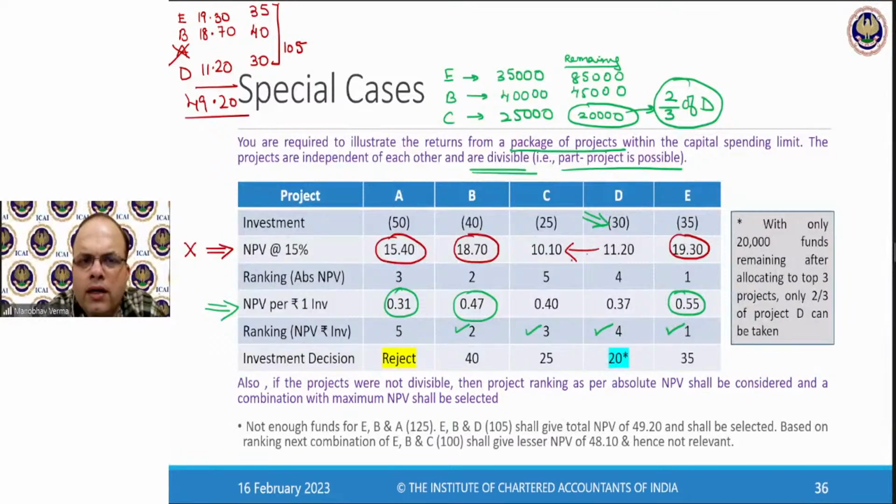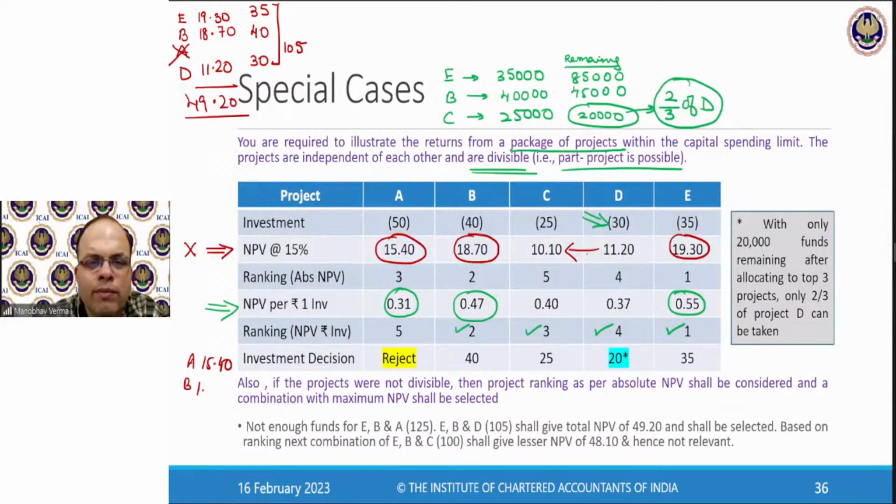You can think of any other combination also, guys. Can anyone try A, B, and D? A, B, and D. Amazing, right? Entire 1,20,000 will be invested if you invest in A, B, and D. But A has a NPV of 15.4.